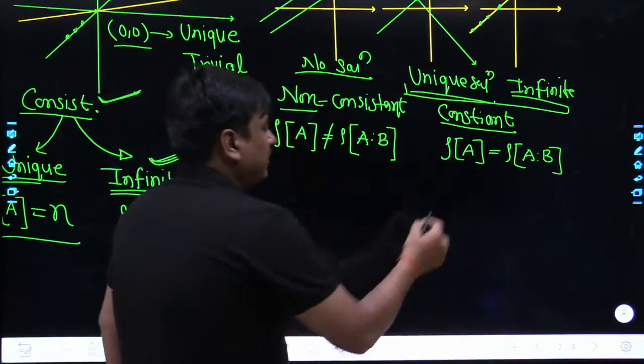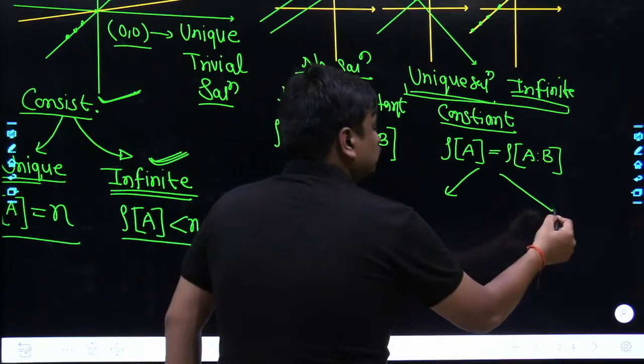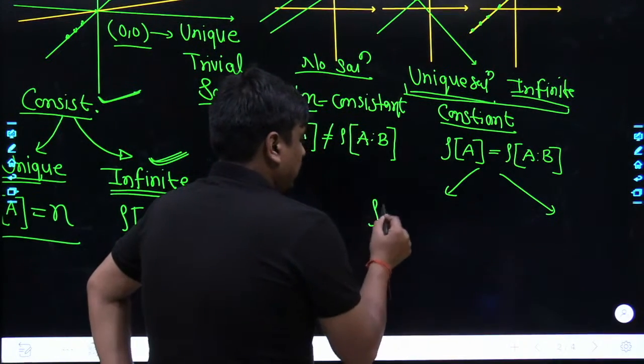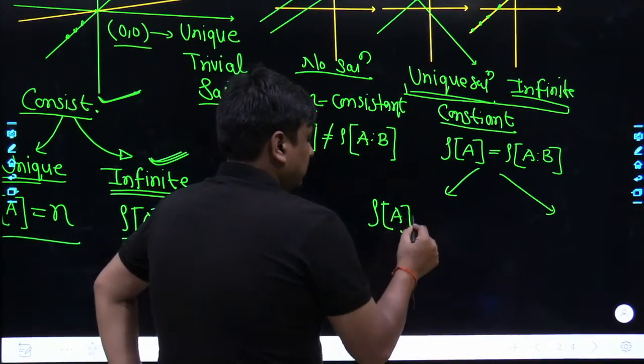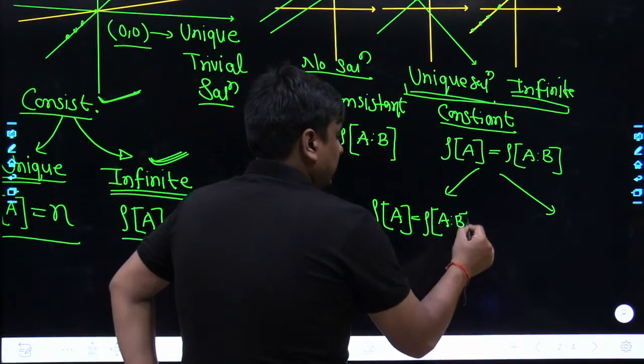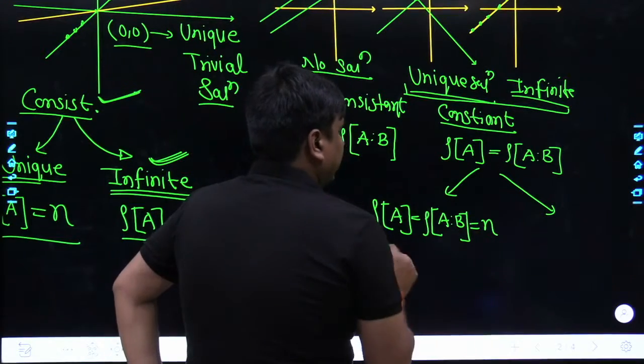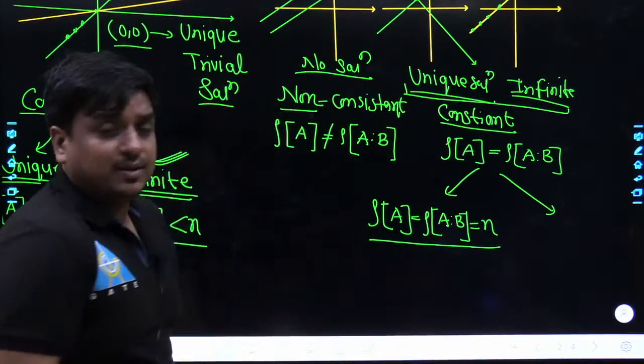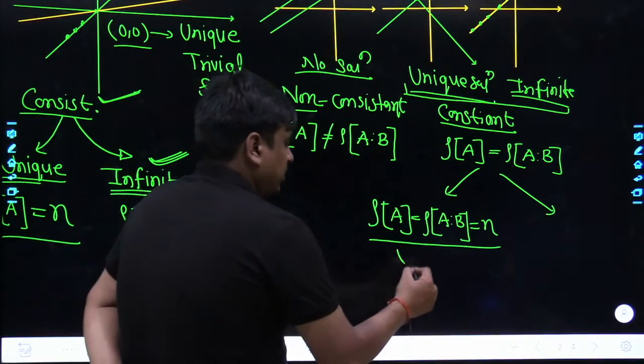Now you can go ahead with two different possibilities. Either the rank of A is equal to the rank of A augmented B is equal to n. I repeat, n is nothing but the number of variables. Then you have the unique solution case.